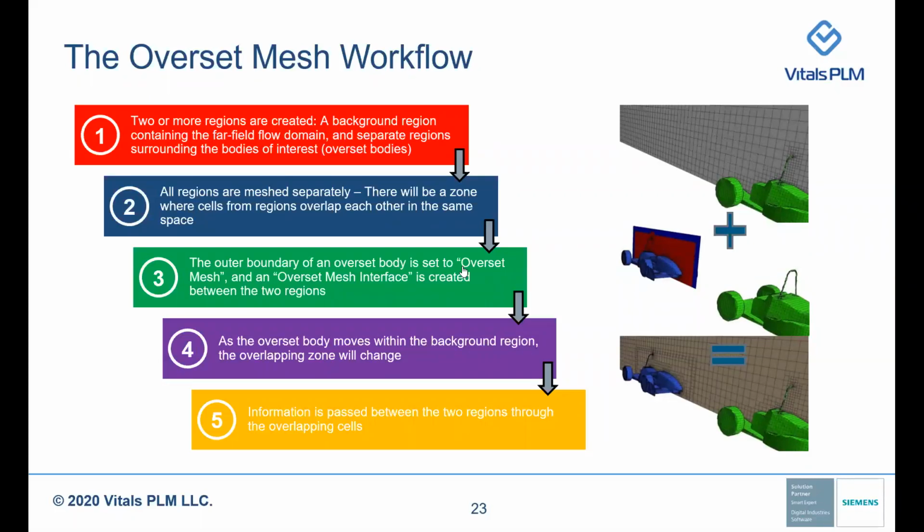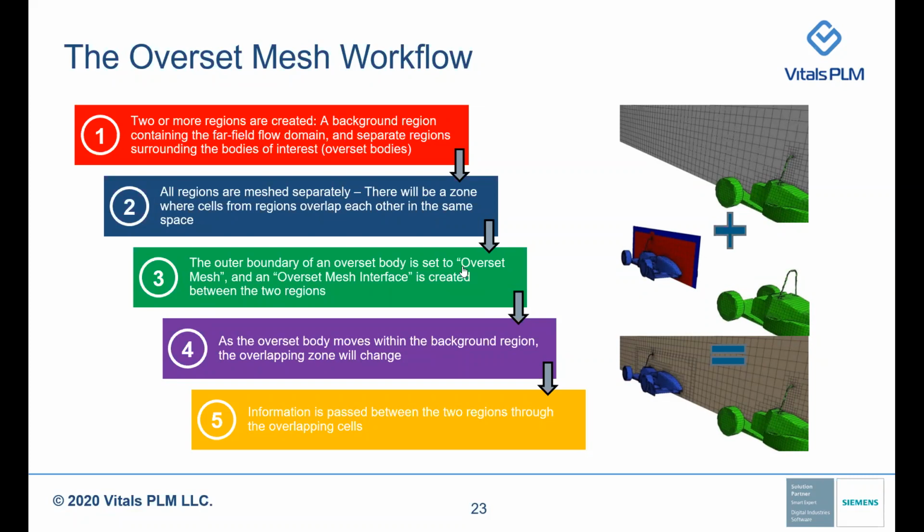Once you have these meshes ready, the next thing is to create the outer boundary of this Overset region as an Overset mesh type. Once you have this interface defined, it lets the information be passed between the two regions or two meshes.